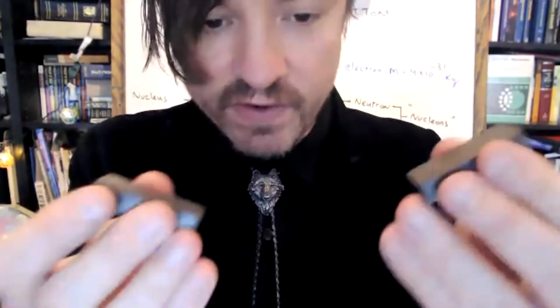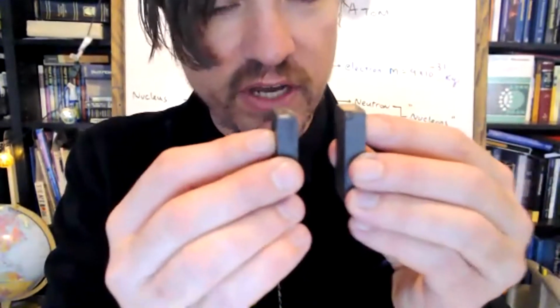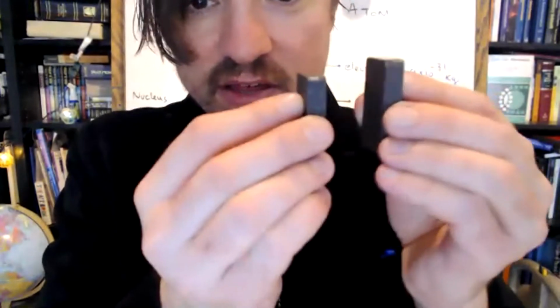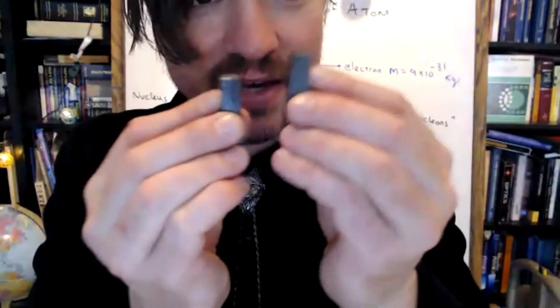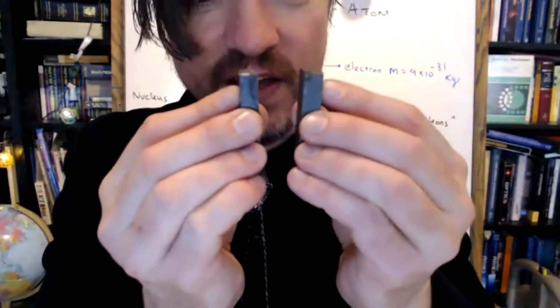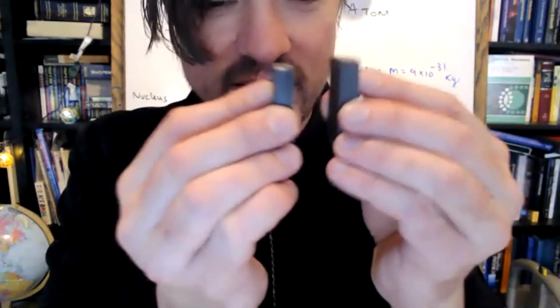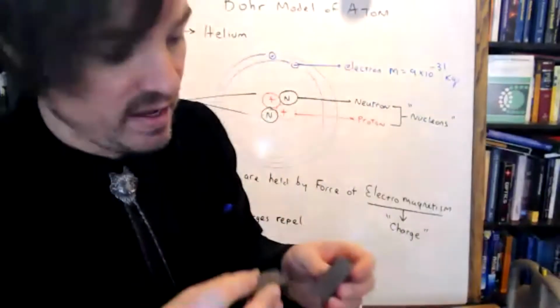And of course, if you've ever taken the two north poles of a magnet and tried to push them against each other, you can feel that magical invisible force. This is as close to magic as you're ever going to get right here. And that's why I think electromagnetism is so cool. You can feel this invisible force field. You can't see it, you can't taste it, but egads, it's there and it's incredibly powerful, okay?